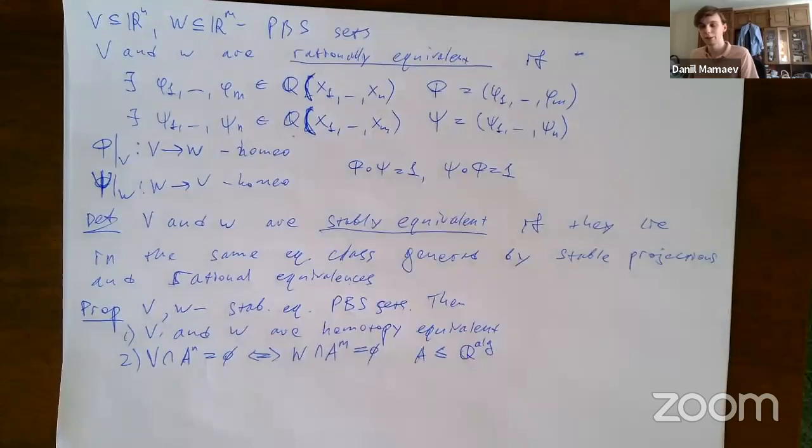So for questions like: you're given a face lattice and you ask whether you can draw a polytope with this face lattice such that all vertices have rational coordinates.